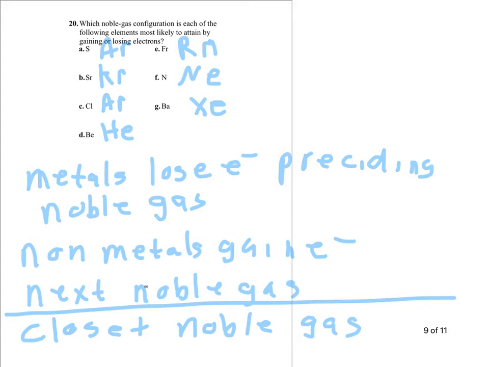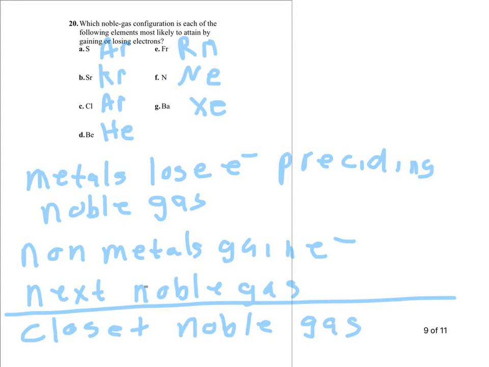So, look at a couple of examples. Sulfur, nonmetal, it's really close to argon. It's 2 away from argon, so it gains 2 electrons. Strontium, it's a long ways away from the noble gas in its period, so you back up to the preceding period and you find krypton. And again, 2 away, it lost 2 electrons. So another way you could remember whether it's going to gain or lose electrons is how far you have to go to get to that noble gas.